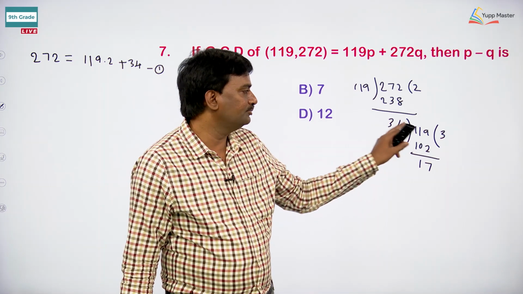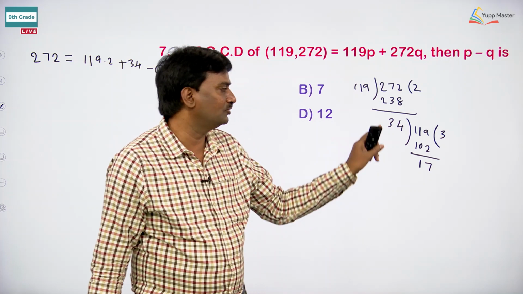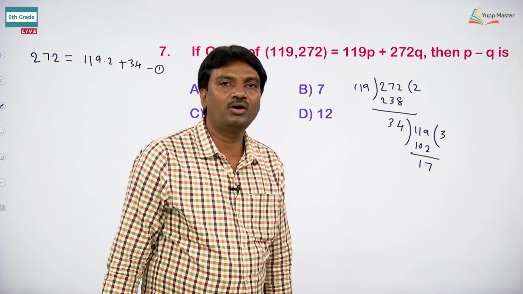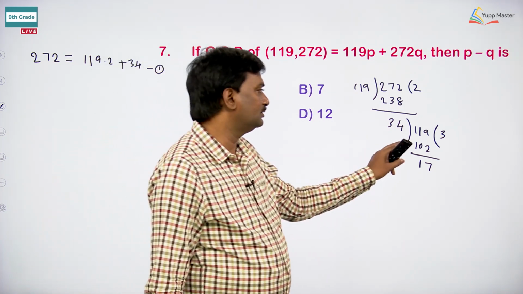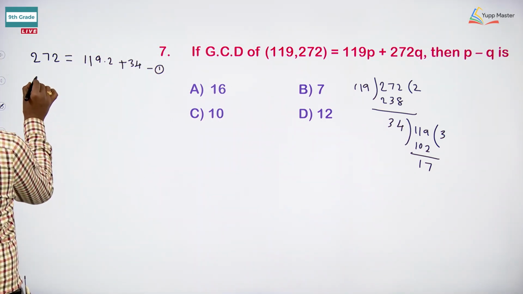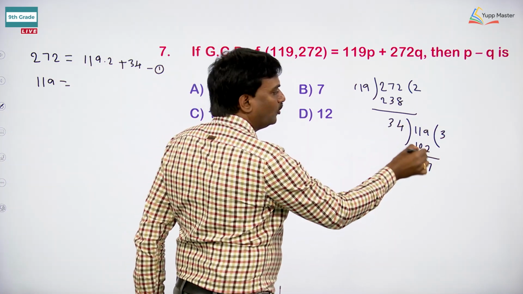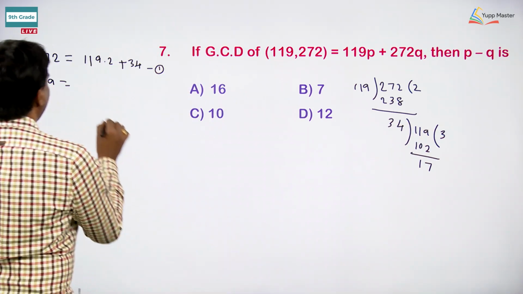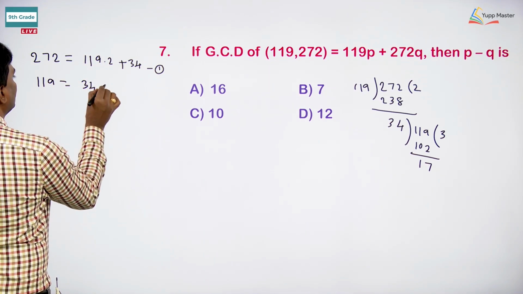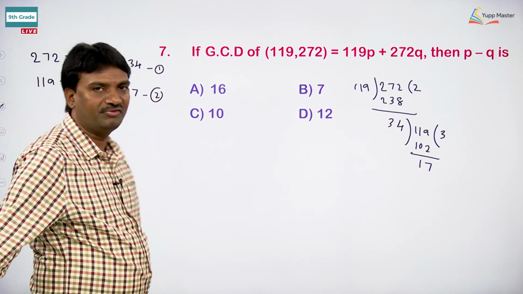We have not gotten the remainder as 0, so we can write 119 equals 34 into 3 plus 17. Let us take this as equation 2.